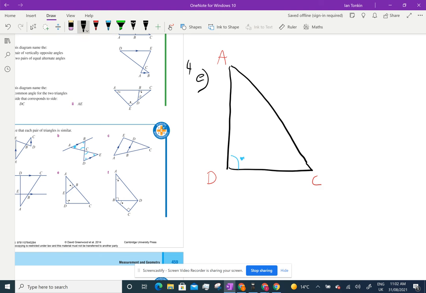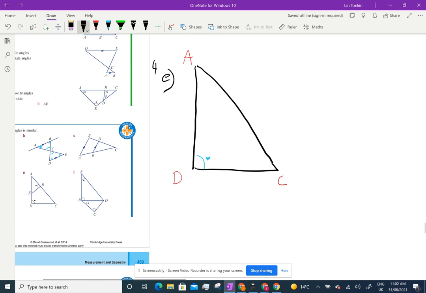Okay, well, let's draw the other one. And well, that's pretty badly drawn. Let's get this down. This is pretty straight down here. Righto. And that's a triangle A, E, B, and they tell us that this is it.